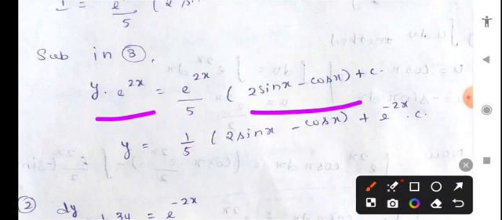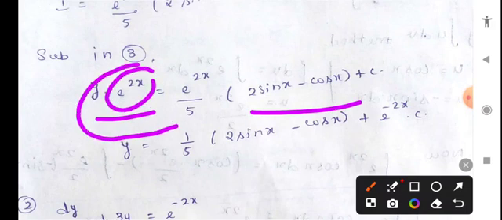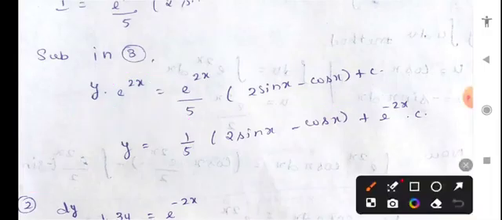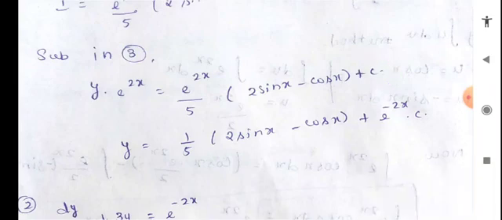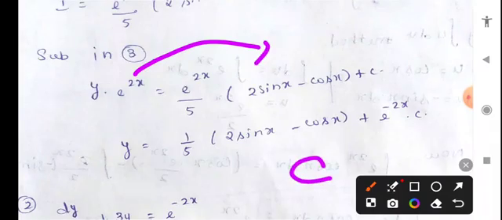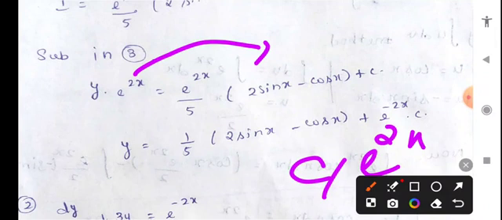Now we can send this e power 2x to the other side. Here it is multiplied, so from left hand side to right hand side it becomes divide, and e power 2x gets cancelled. The next one is the constant term, which becomes c divided by e power 2x.